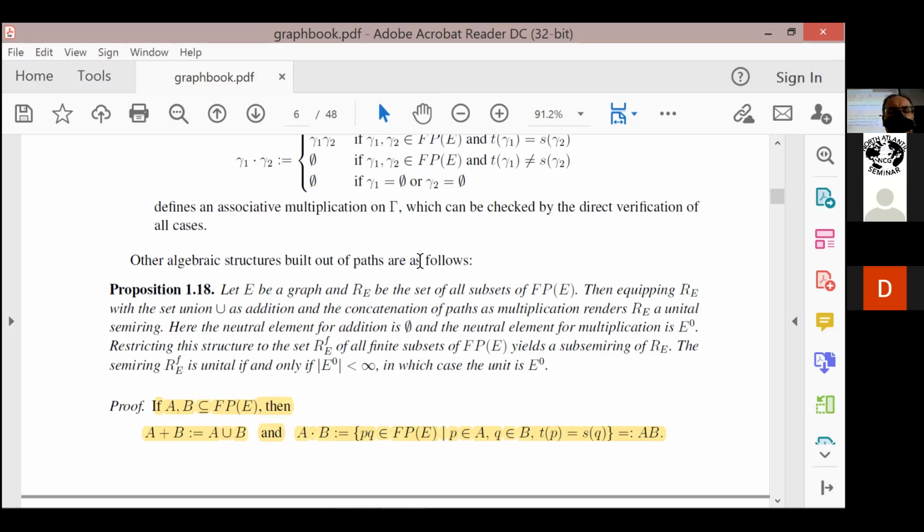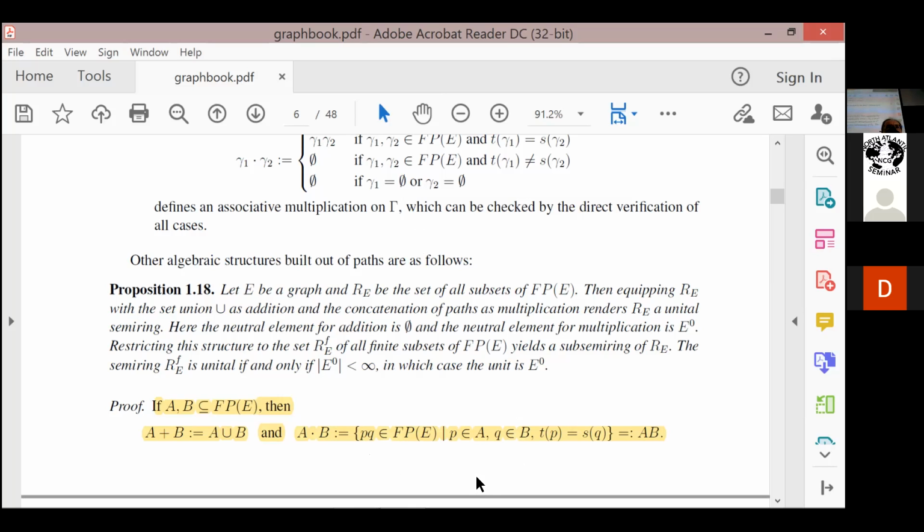There is no empty path now. Yes, but still the concatenation of two paths which cannot be concatenated in the usual sense still gives us the empty set. Of course. If we don't assume this condition, we still get the same result. It is consistent. Yeah, of course.